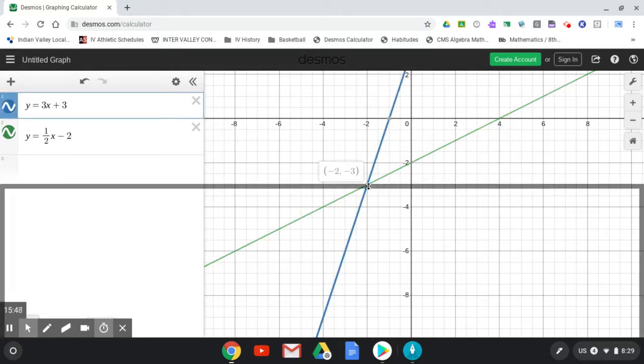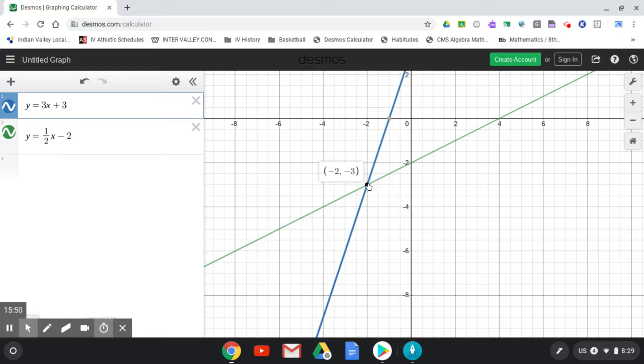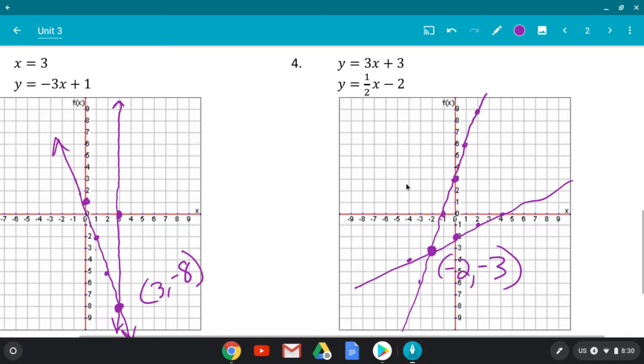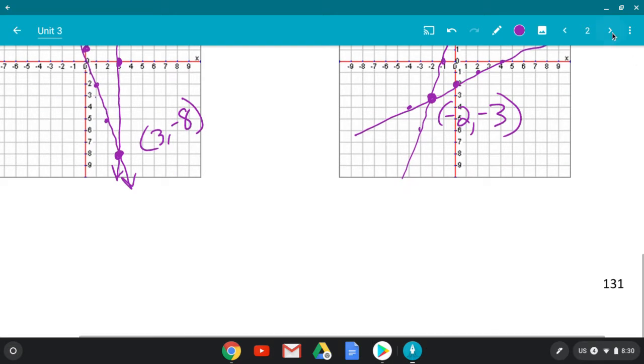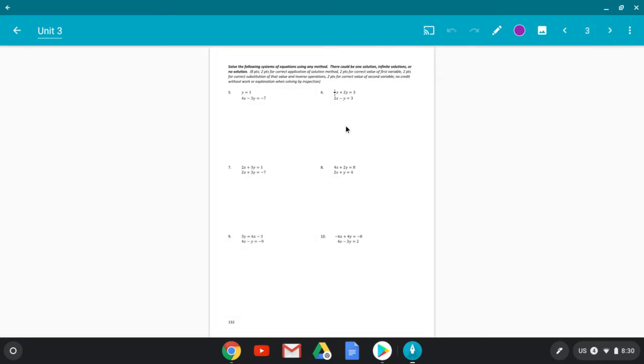Let me click on you. There we go. -2, -3. Same solutions we just got. Yes? Pretty cool. What happens then, Coach, if they get to be more difficult problems? Like, I don't know, like these.